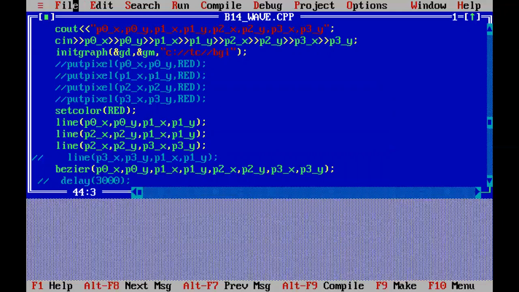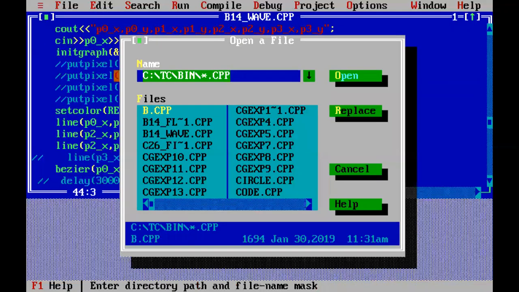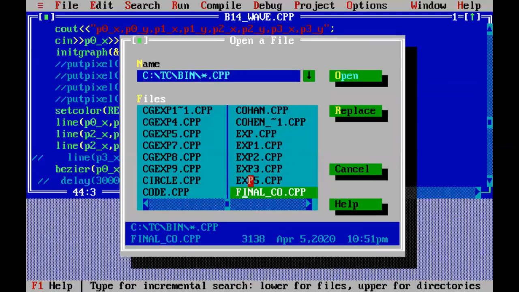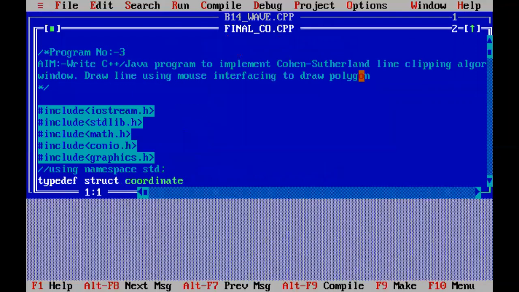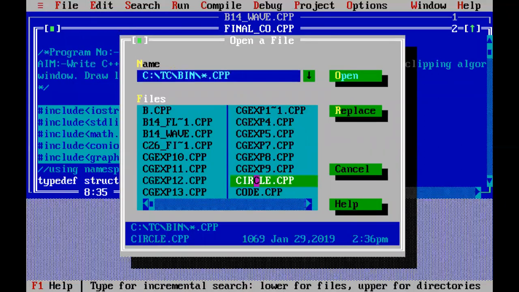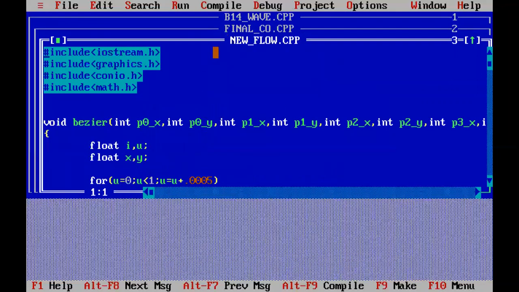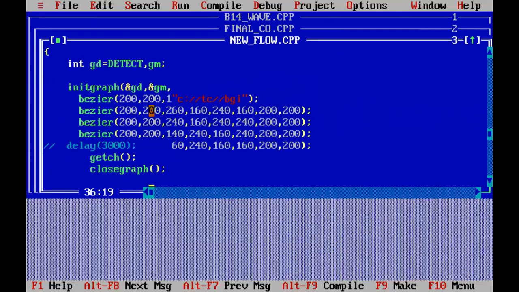Also another assignment is to draw a flower by using Bezier curve. So we'll see that also here. It is the same, so this is your flower. Again, the code is the same for all.